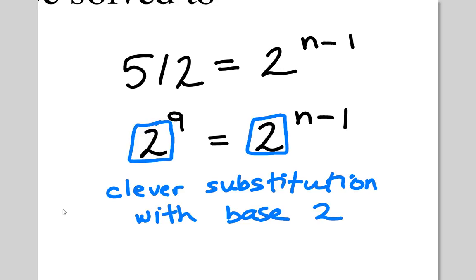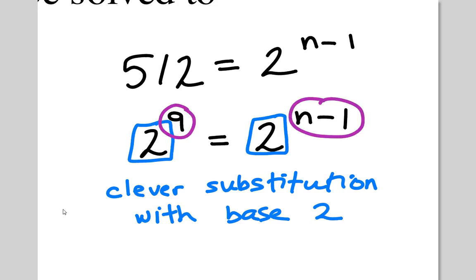And think about equality. This equality. What does it mean to be equal? It means you have the same value, but you just look different. Does 2 look different than 2? I mean, 2 is 2, right? So what does that mean about 9 and n minus 1?